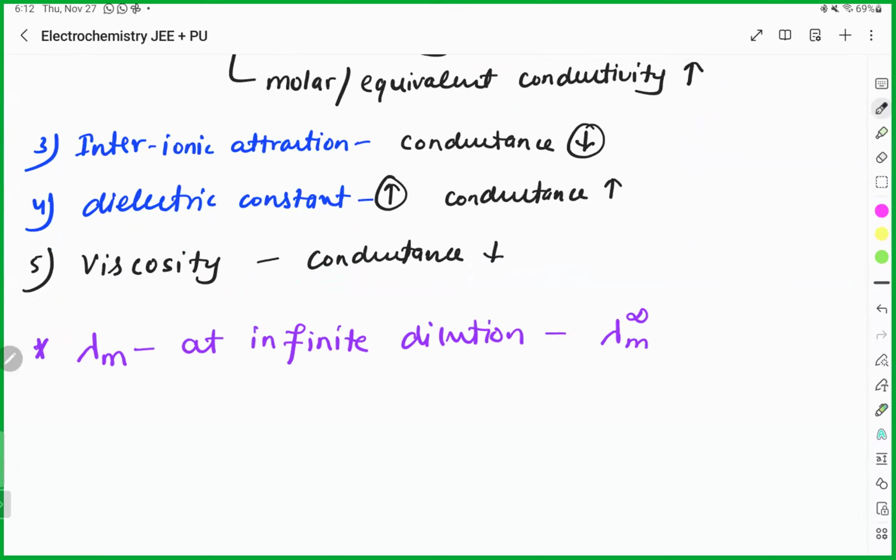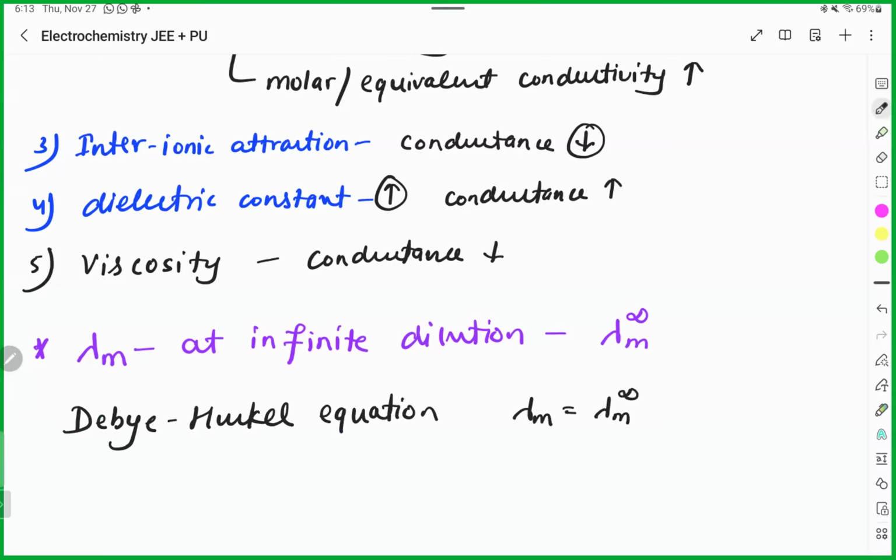There is a special equation known as the Debye-Huckel equation. Have you heard about this? It says that if you want to calculate molar conductivity at any point, it will be equal to molar conductivity at infinite dilution, because this is maximum. All ions are free in maximum dilution. If all ions are free, maximum conductance minus B under root C.